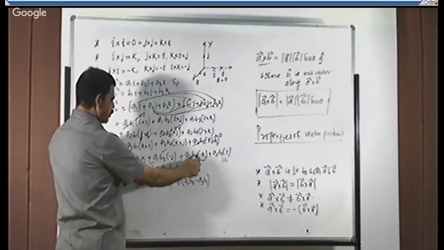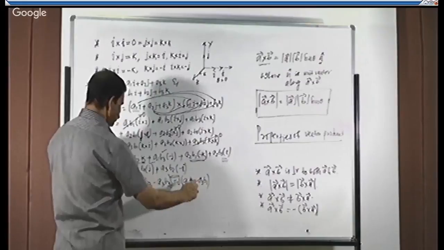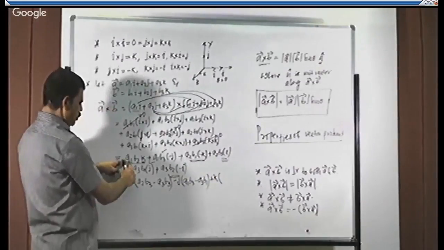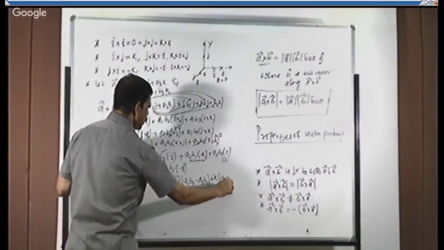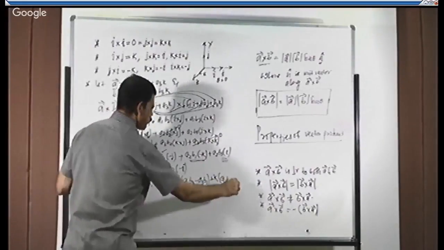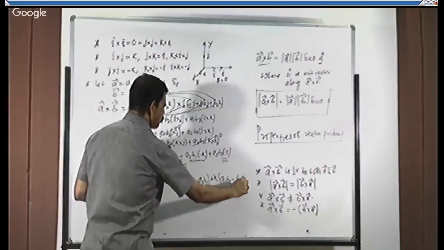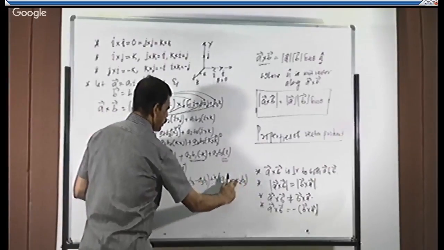Next, the K terms. I'm taking plus K common: A1 B2 minus A2 B1, since plus into minus is minus.